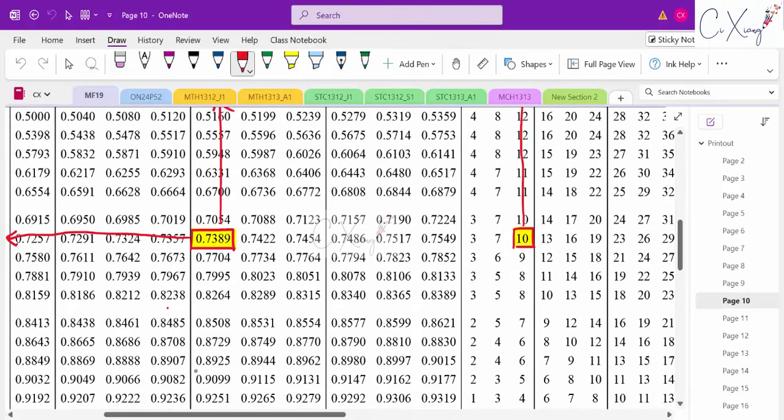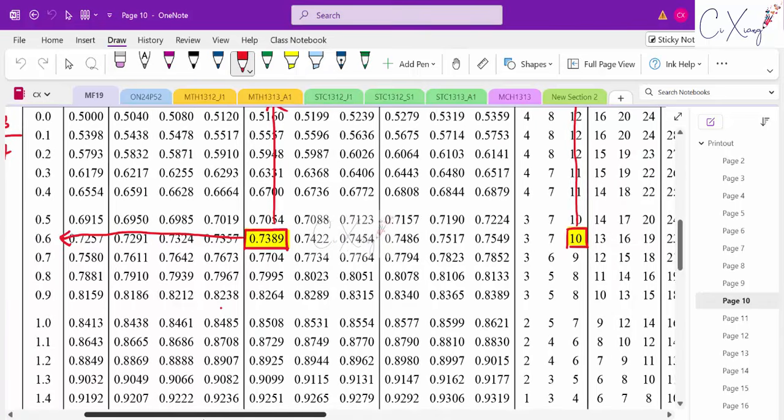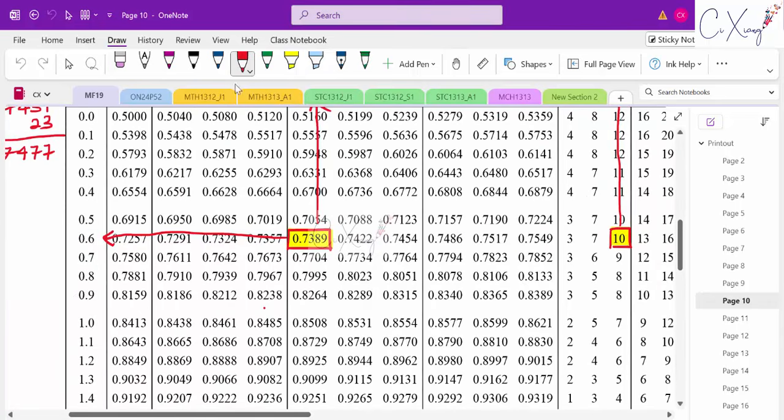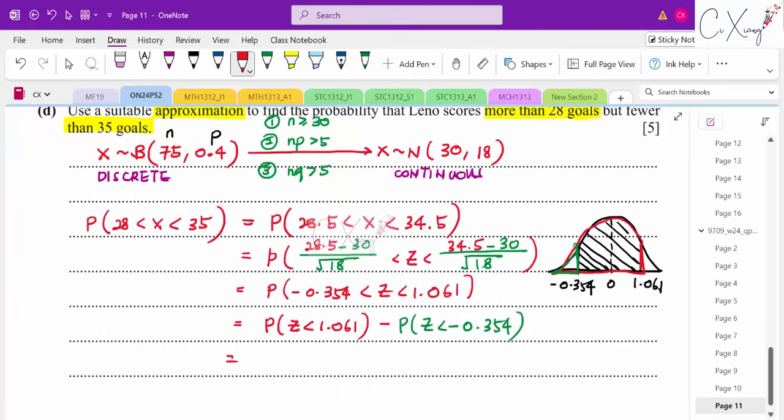So for 1.061, go to the table, looking for 1.061. 1.0 is here. 1.06 is this one. And then 1, so you take 8554 plus 2, so it should be 8556. So for this particular probability, it should be 0.8556.